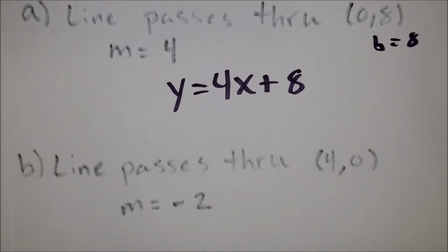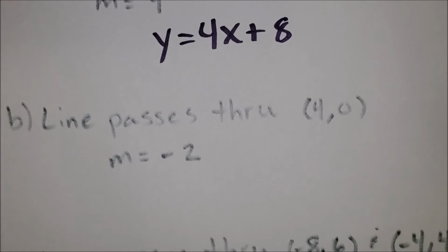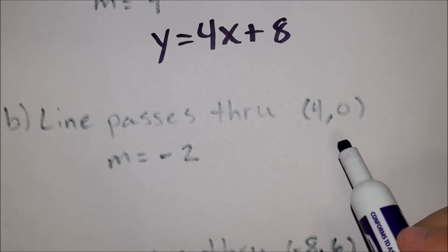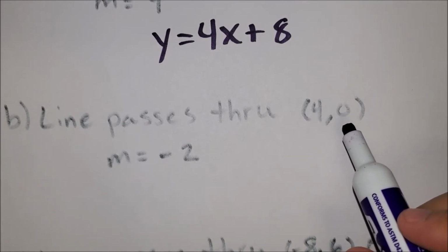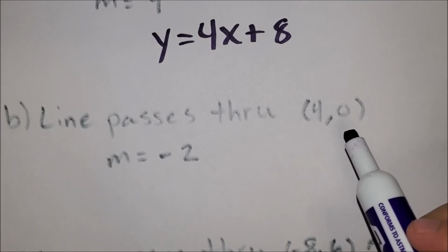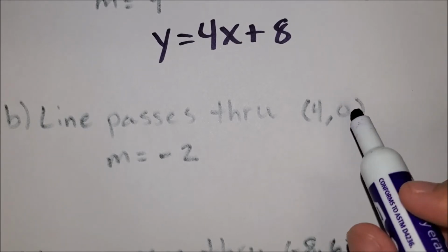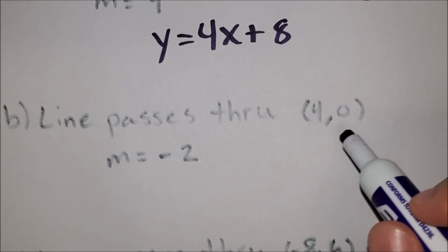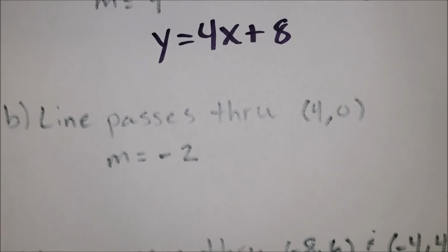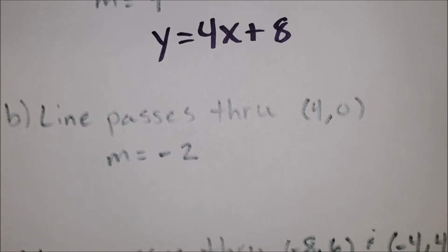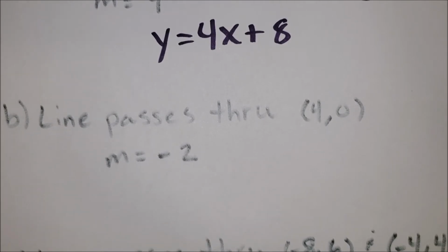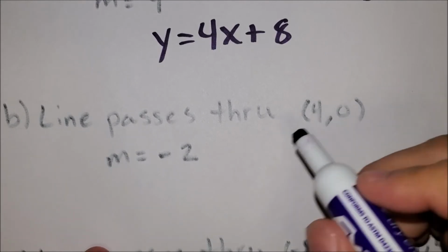So our next one gives a line that passes through (4, 0), and has a slope of m equals -2. Now, this point here is the x-intercept, not the y-intercept, which means that we can't use this as b. So we need to determine what the y-intercept is. Well, we have that m is -2.